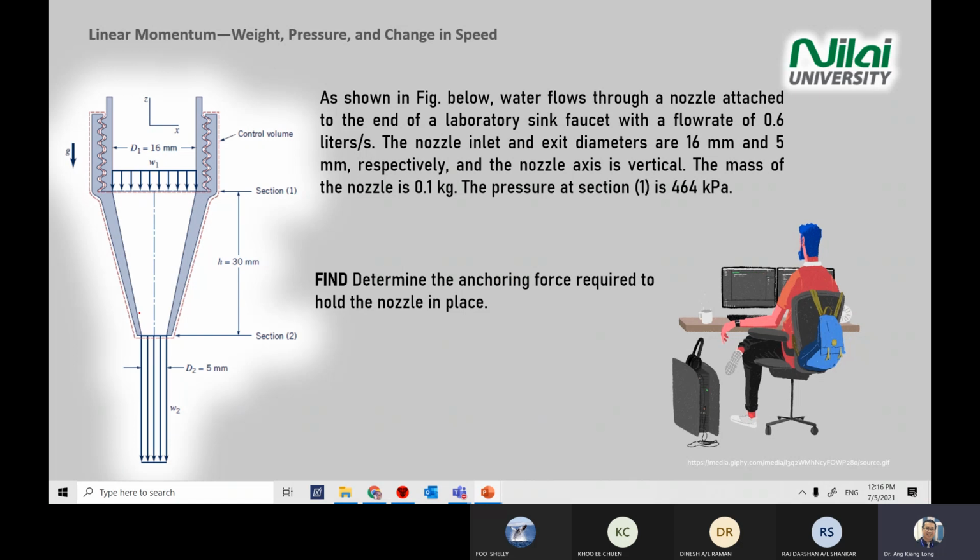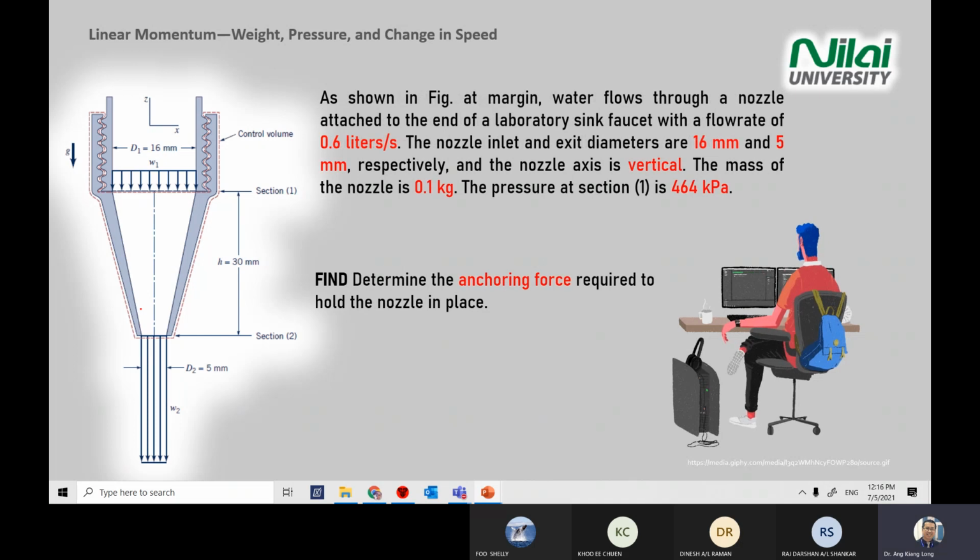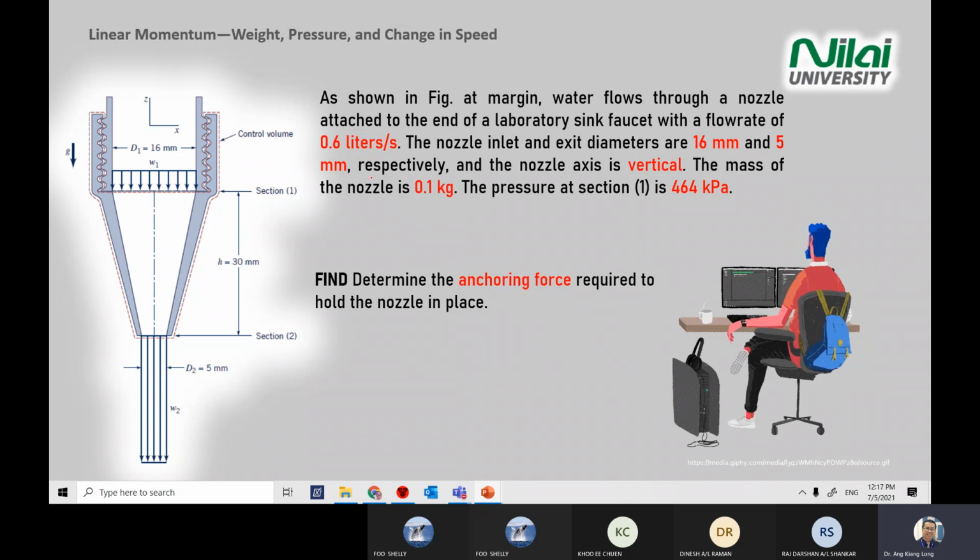All right, now with all this in place, we can proceed to solve this question. They highlight all the important points there. In this case it is liter per second, mm, kilopascal, kilogram. So it is important to look for all these units and change them accordingly. I would recommend changing them to SI units before you proceed.